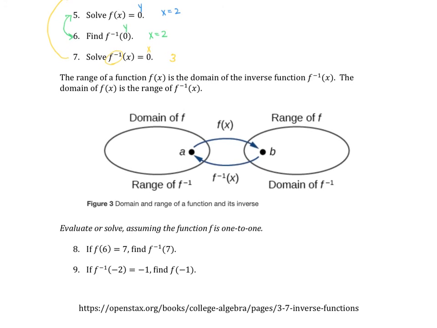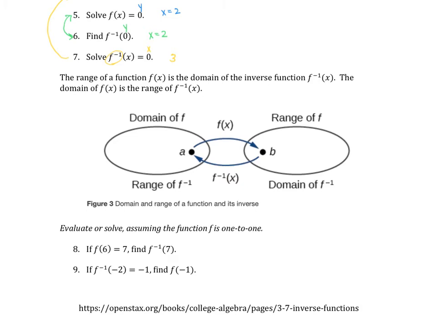So I like this graph. I think it helps a lot. In words, the range of a function f of x is the domain of the inverse. So remember we said the x's and the y's change. The domain is the x values and the range is the y values.